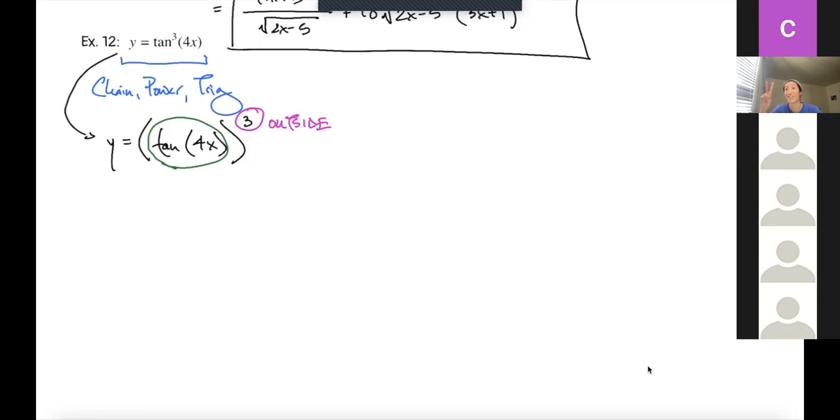All right, you find the tangent. So times 4 is first. Tangent is second. Then what do you do? Then you cube it. Okay, so multiply by 4, tangent, cube.